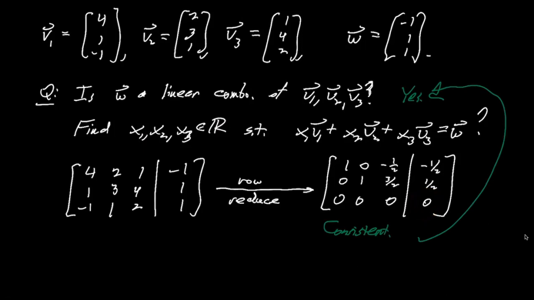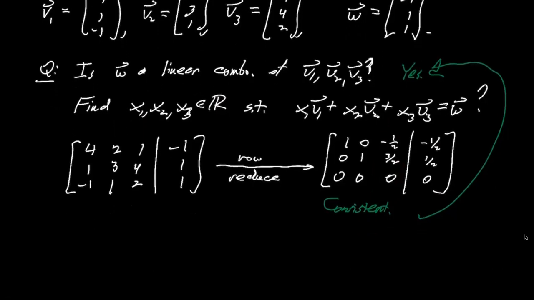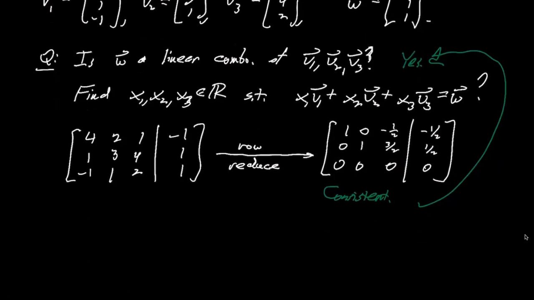If we wanted to really write this down, we could think about writing these equations out very explicitly, or we could just say, well, this is a free variable, clearly. X3 is a free variable. So it could be 0. If we just wanted to actually get an answer, like find W as a linear combination, the simplest thing to do is set x3 equal to 0.